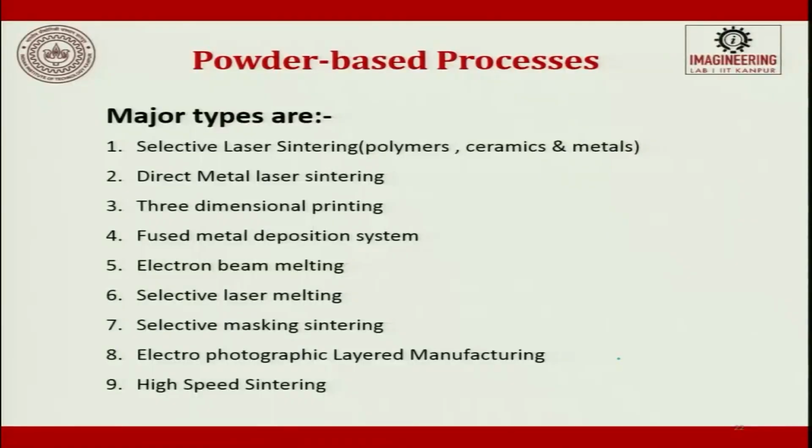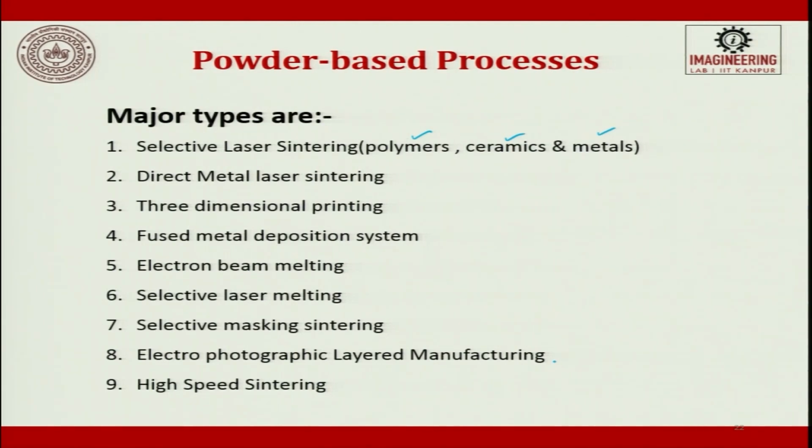There are different types which fall in powder based processing. The major types are selective laser sintering, which can be polymer, ceramic or metal based. The next one is direct metal laser sintering. Third is 3-dimensional printing. Fourth is fused metal deposition.